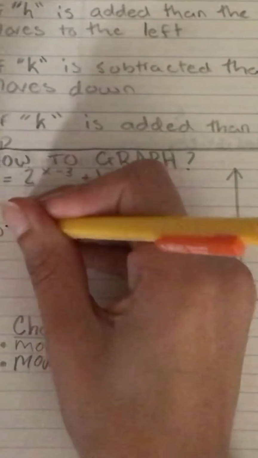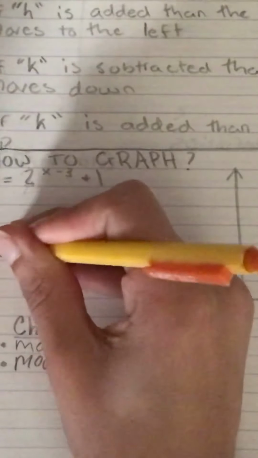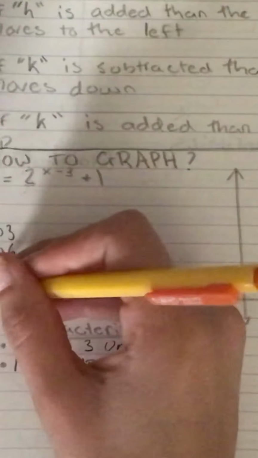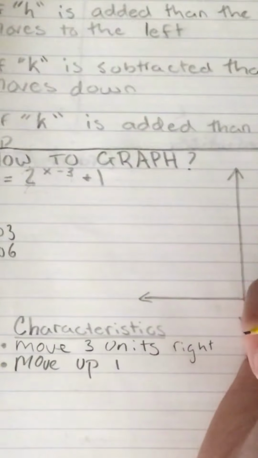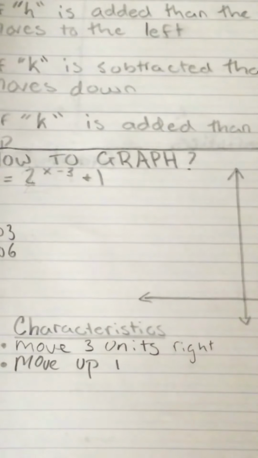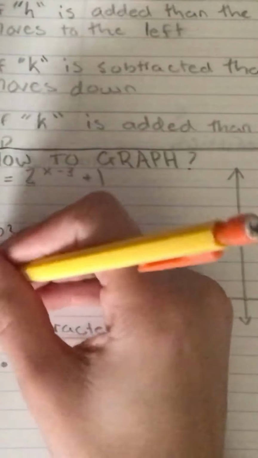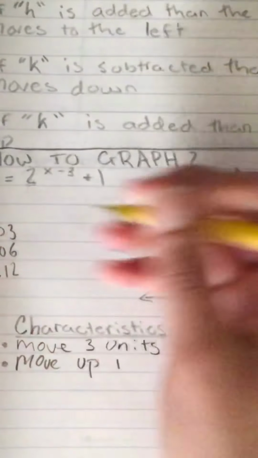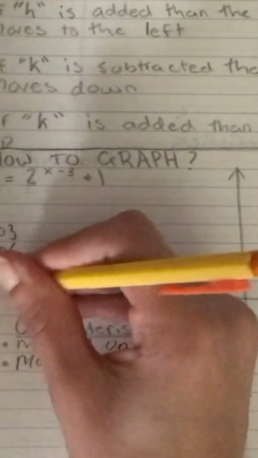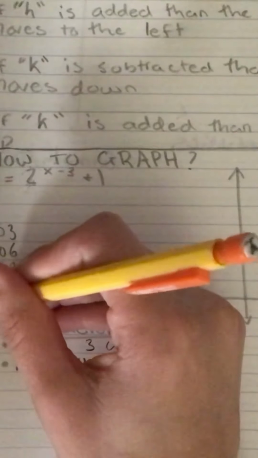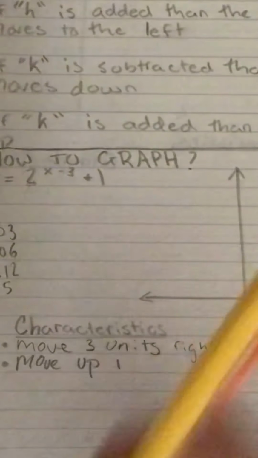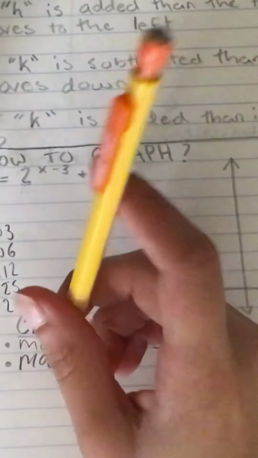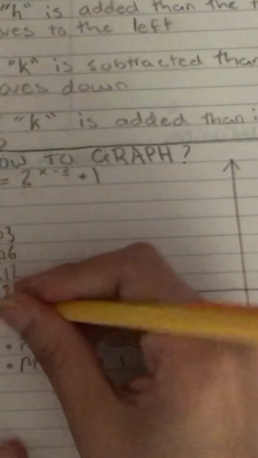It's going to be 1.03, -1 is 1.06, 0 is 1, 1 is 1.25, and 2 is 1.5, sorry, my bad.